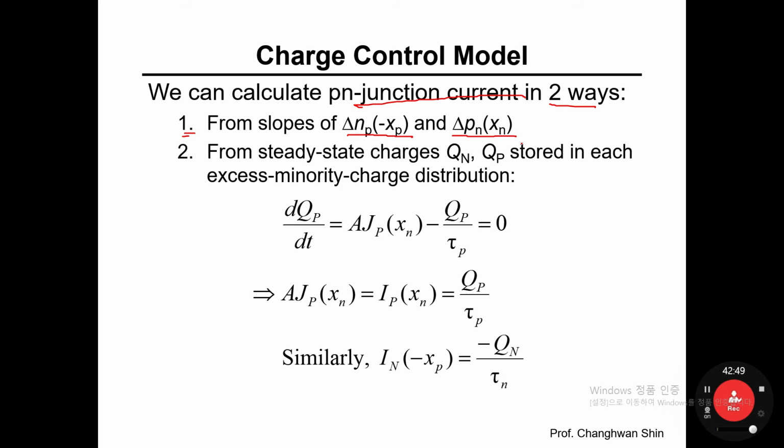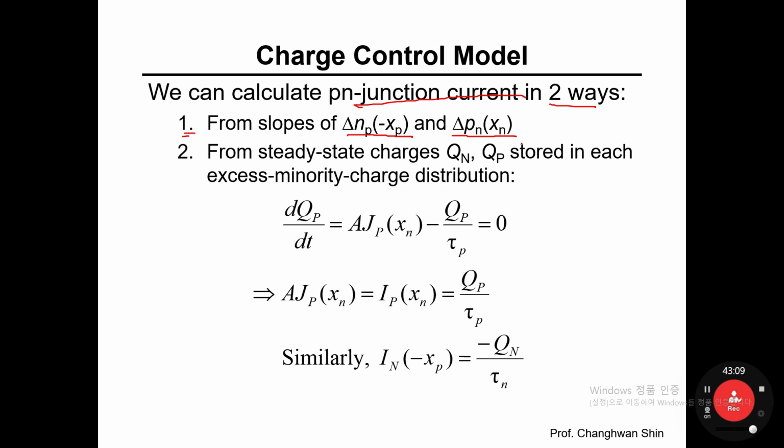Afterwards, we develop the diffusion current components, and lastly we sum the two current components at x of xn or at x of minus xp, and then we can build up the whole PN junction ideal diode equation.